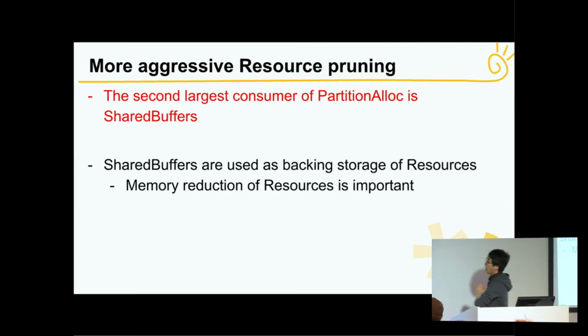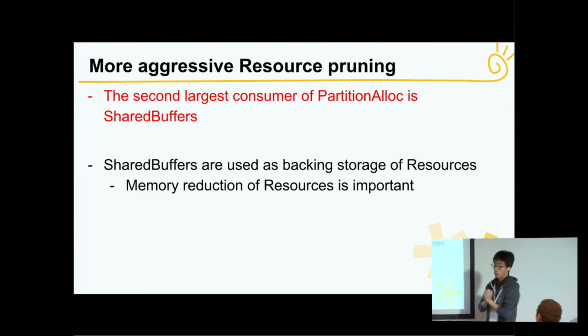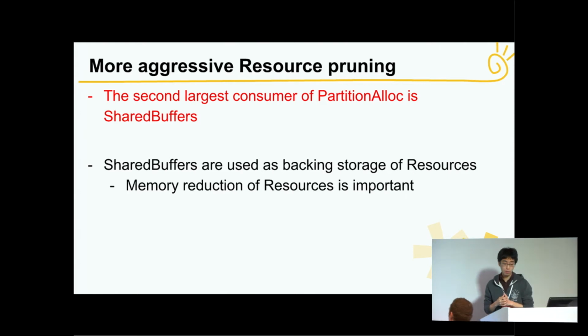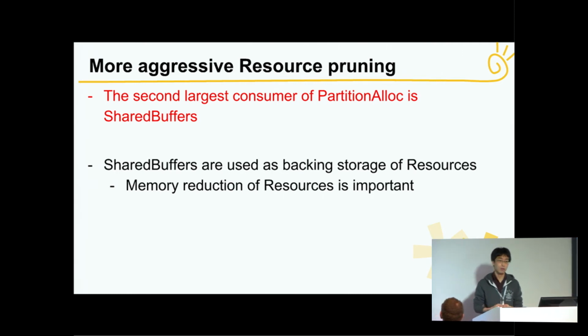And another thing we are doing is more aggressive resource pruning. As I mentioned, the second largest consumer of PartitionAlloc is shared buffers, and shared buffers are used as backing storage of resources. So memory reduction of resources is very important.